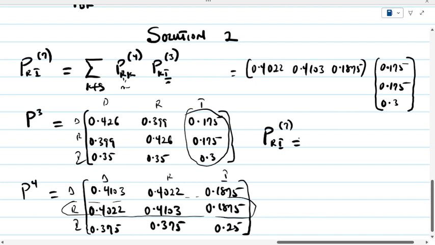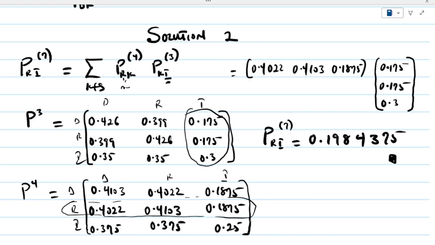So we have 0.4022 times 0.175 plus 0.4103 times 0.175 plus 0.1875 times 0.3. So we have 0.1984375.